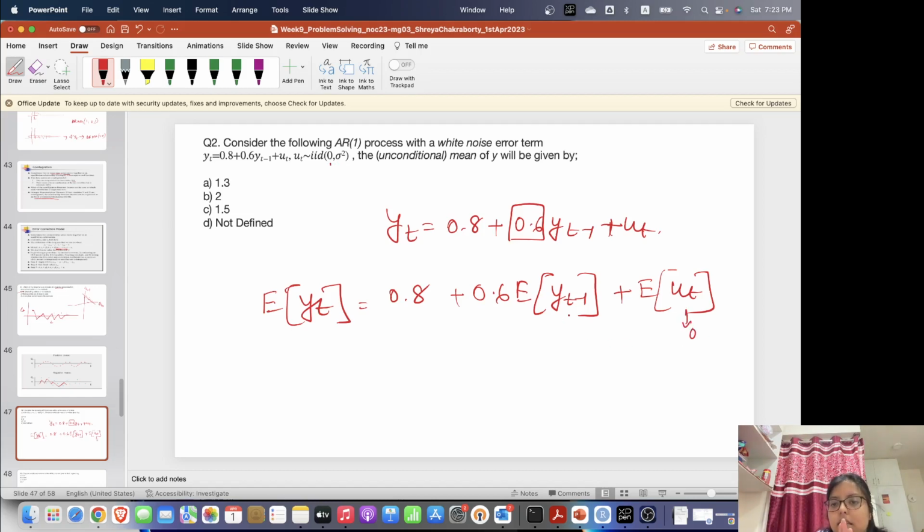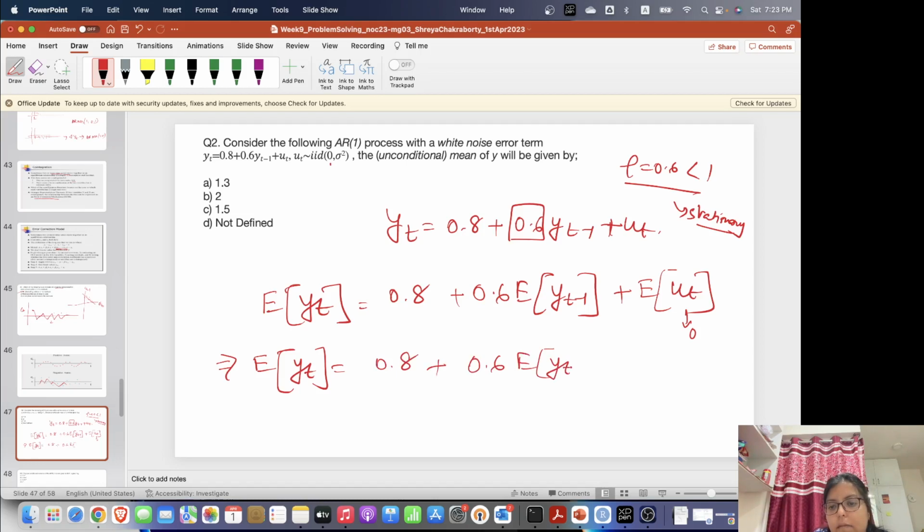And since this is stationary, we can write expectation of yt equal to 0.8 plus 0.6 expectation of yt. Do you agree?